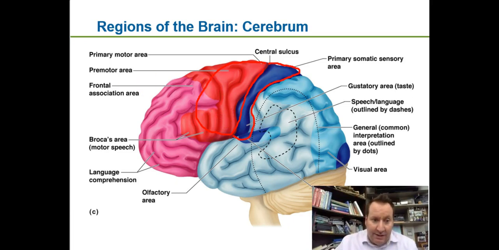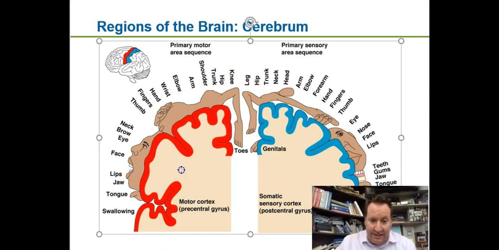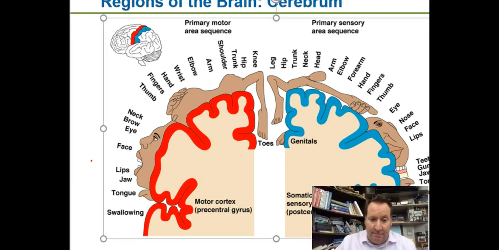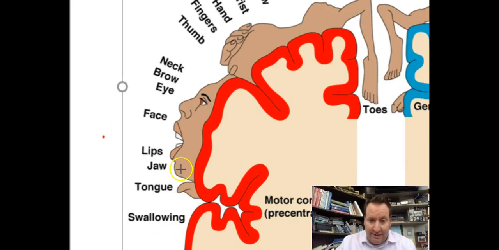So the primary motor cortex is going to control our motor movement. This side of the diagram is going to control our motor movement. So over here is our motor movement. I'm going to blow this up just a little bit so we can take a look at it.